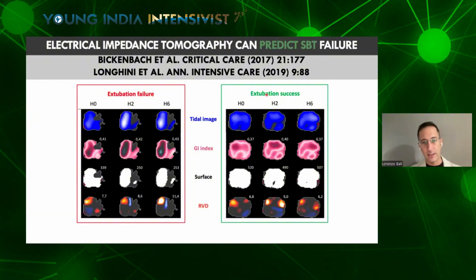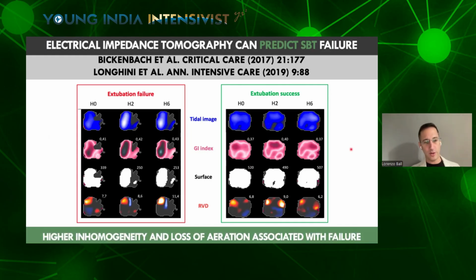And in case of an extubation success, the tidal image was much more evenly distributed, and the amount of inhomogeneity was very low. So higher inhomogeneity and loss of aeration are both associated with weaning failure.